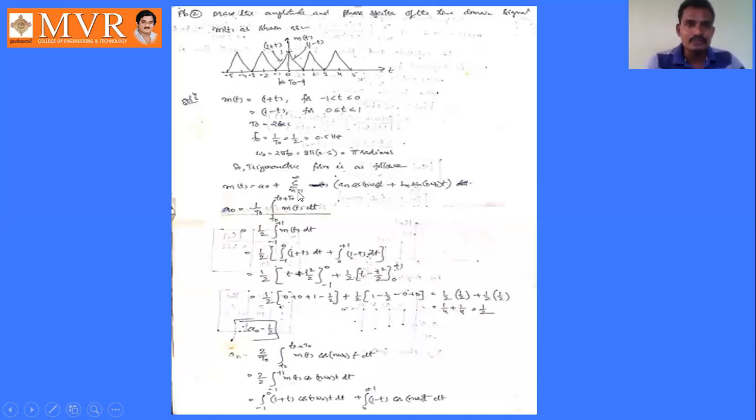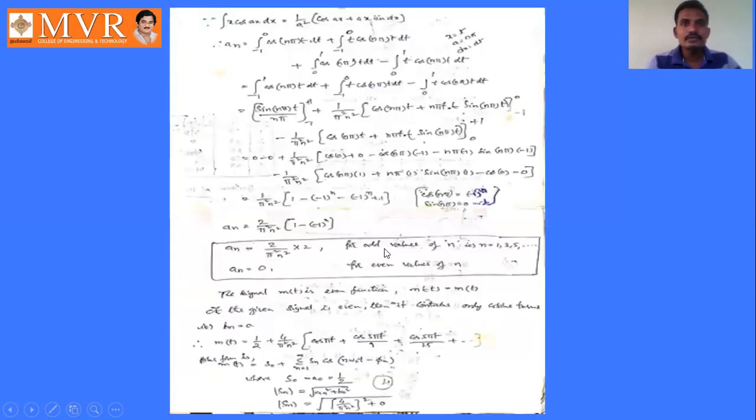Minus 1 to 0 we have one function, so integral minus 1 to 0 m of t into cos n omega naught t, plus integral 0 to 1 m of t, that is 1 minus t, into cos n omega naught t dt. What is the T naught value? That is 2. 2 by 2, its value is 1. So integral minus 1 to 0 of 1 plus t into cos n omega naught t dt plus integral 0 to 1 of 1 minus t cos n omega naught t dt.